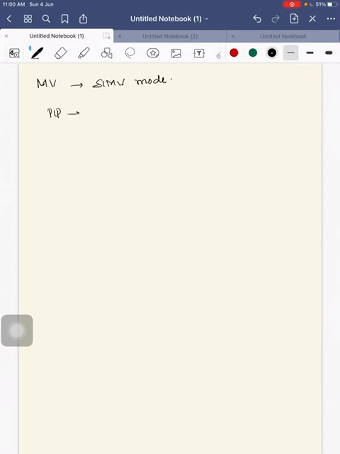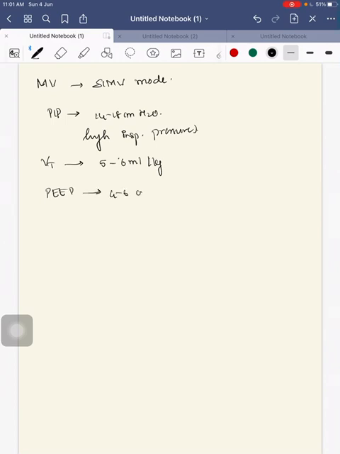You should maintain a peak pressure of around 14 to 18 centimeter of water, that is a high inspiratory pressure, with tidal volume of around 5 to 6 ml per kg, with PEEP of around 4 to 6 centimeter of water, and inspiratory time maintained around 0.35 to 0.5 second.